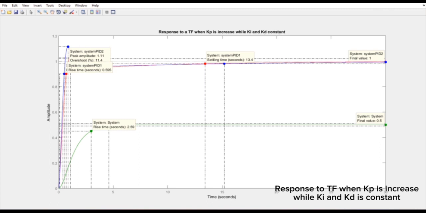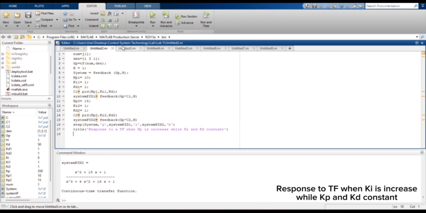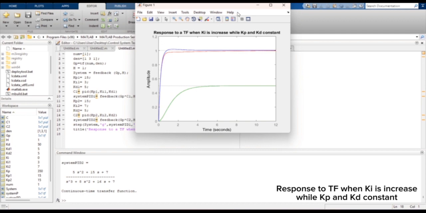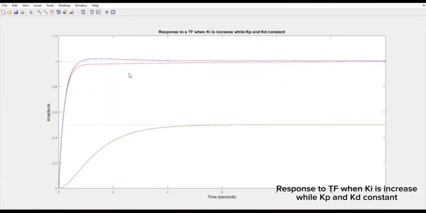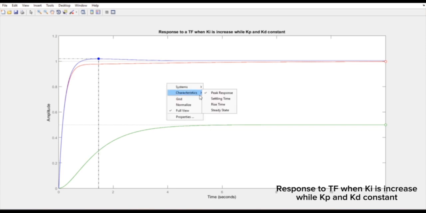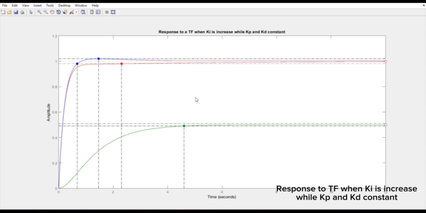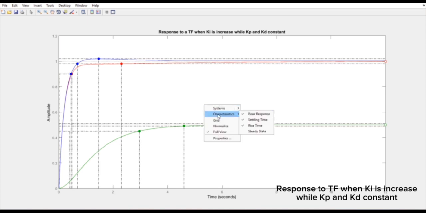Now let's move on to the third graph, which is this. Let's play it, and you can see the response to TF when Ki is increased while Kp and Kd are constant. I'll input the characteristics again: the settling time, rise time, and the steady state.